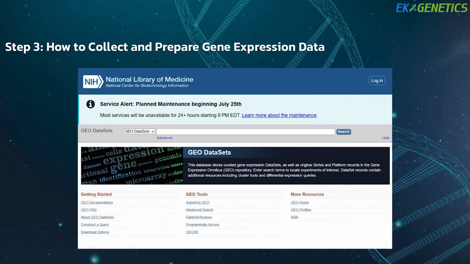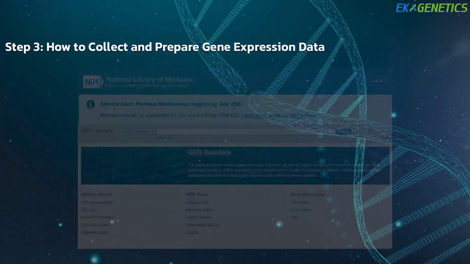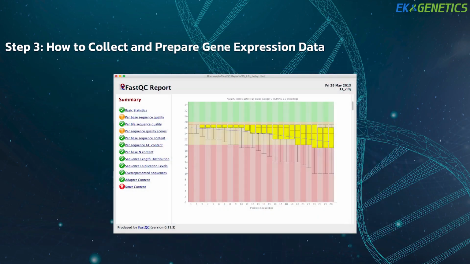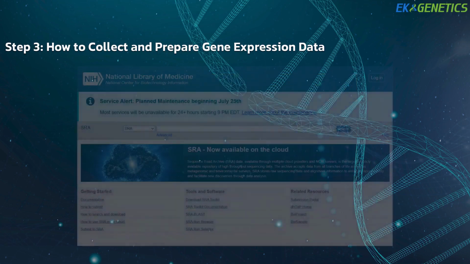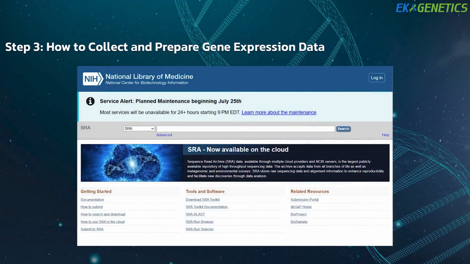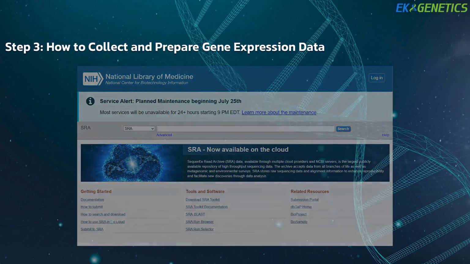But if you decide to work from scratch and analyze raw files yourself, for example, to apply custom filtering or advanced pipelines, you can download FASTQ files from the SRA, Sequence Read Archive database. In that case, you'll need to perform all steps, including quality control, alignment, and normalization. For most ceRNA network studies, however, using these publicly available processed matrices is perfectly fine and saves a lot of time.